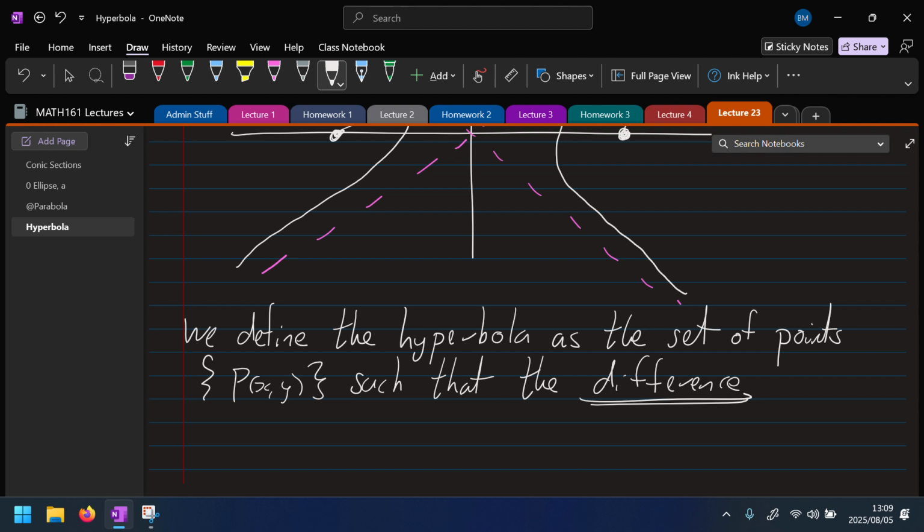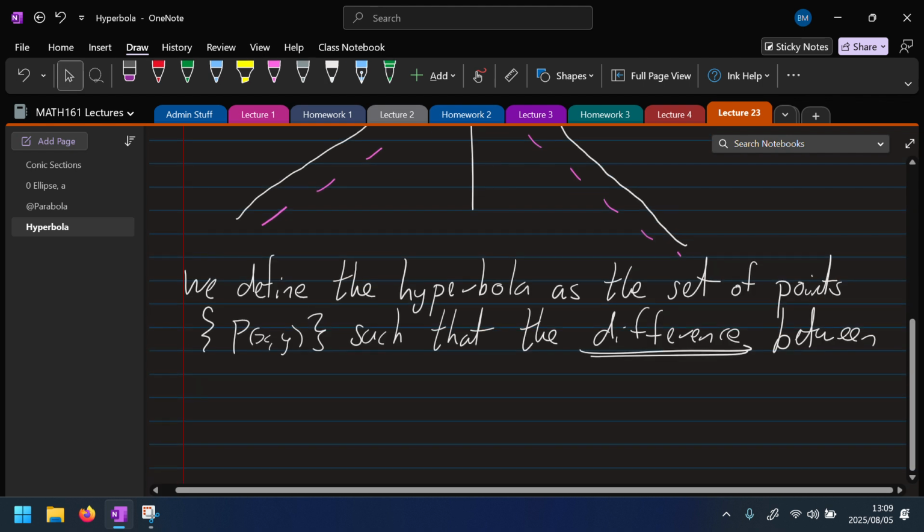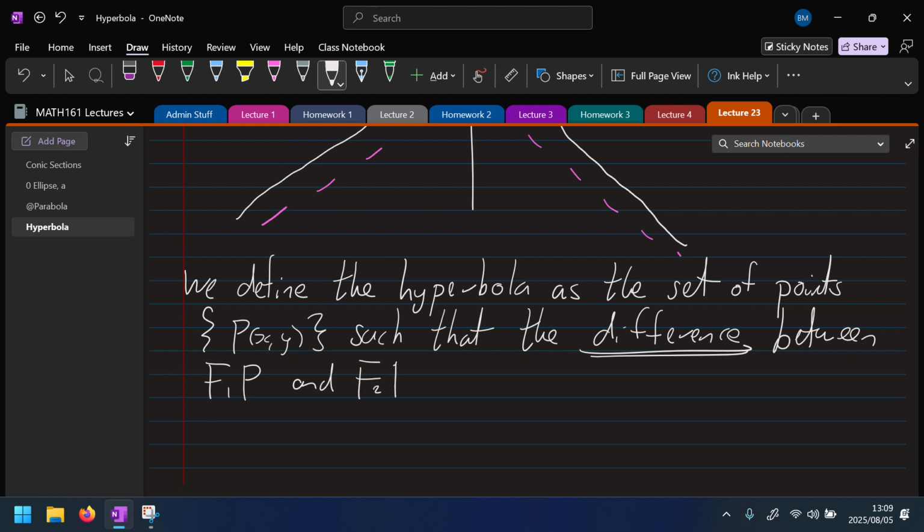For the ellipse, it was the sum of those two lengths. For the hyperbola, it is the difference between F1P and F2P. So the difference between them is a constant.